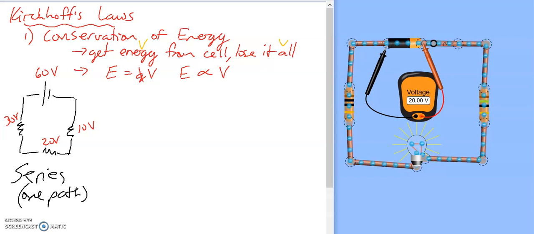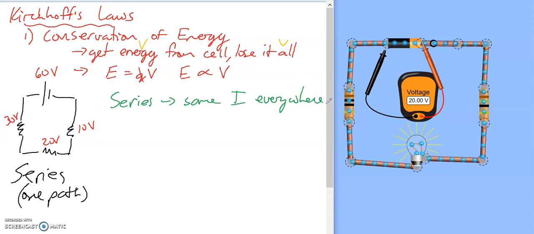It doesn't make any difference. The electrons are all going the same rate no matter what. So that's one of the basic properties of a series circuit. In a series circuit, you have the exact same current everywhere. No matter where you go, the current is going to be the same.